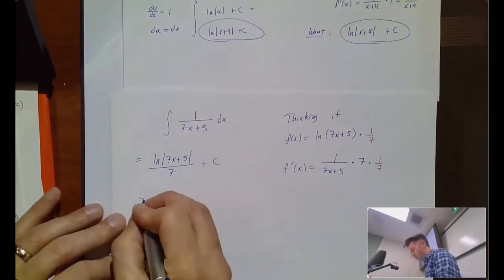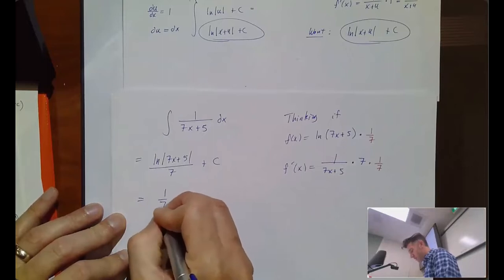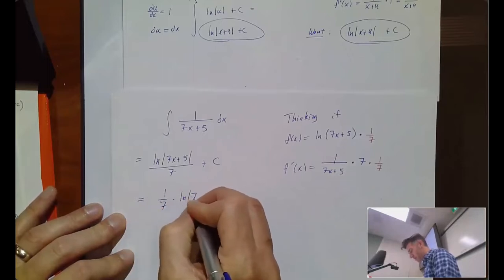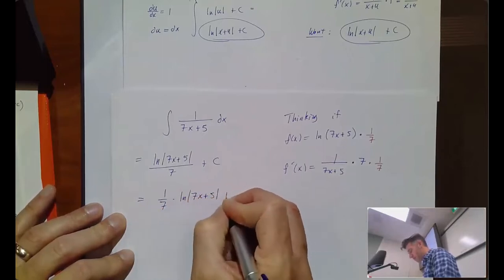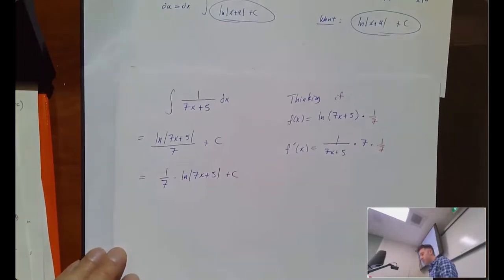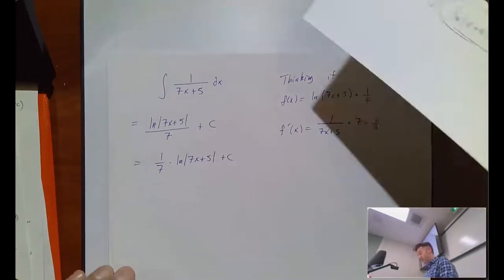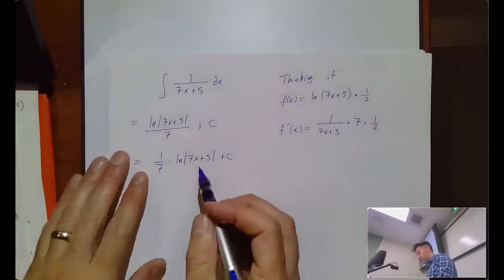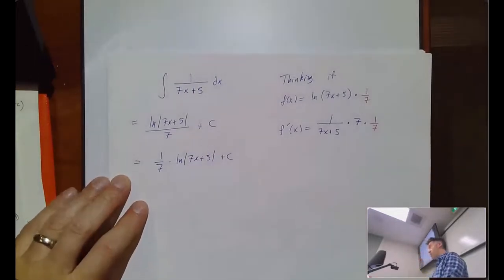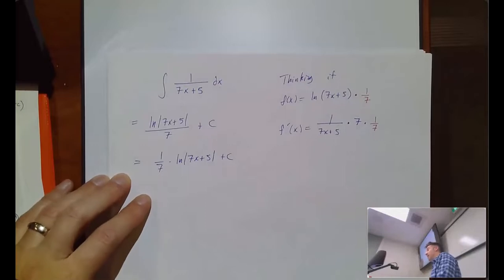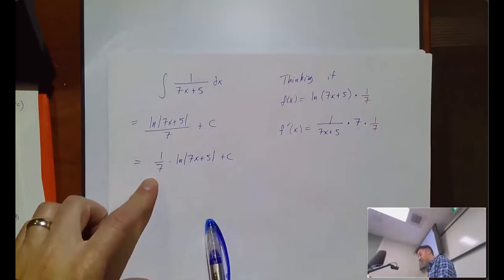Or you might prefer 1/7 times the natural log of the absolute value of 7x plus 5. And I just want to point out, this is really what we want, right? If you take the derivative of the natural log of 7x plus 5, you get 1 over 7x plus 5 times 7. And the times 7 is going to cancel out the 1/7.